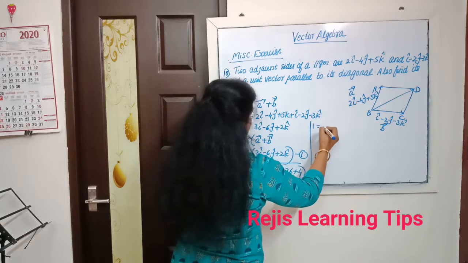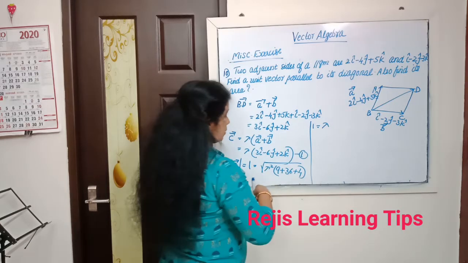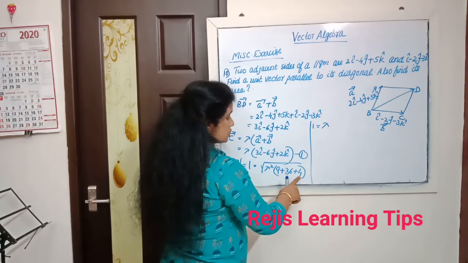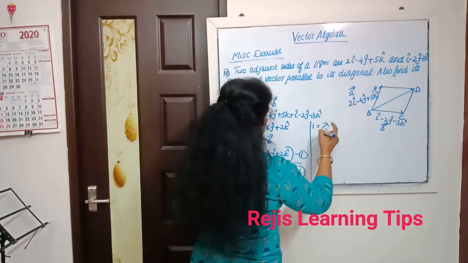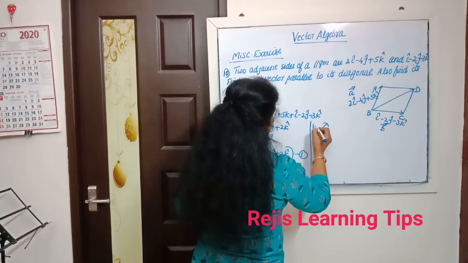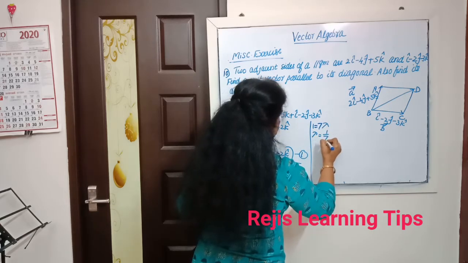We can take lambda square outside of the square root. Then we get lambda into root of 36 plus 4 means 40, plus 9 means 49. Root of 49 is 7. So 1 is equal to 7 lambda, so lambda is equal to 1 by 7.